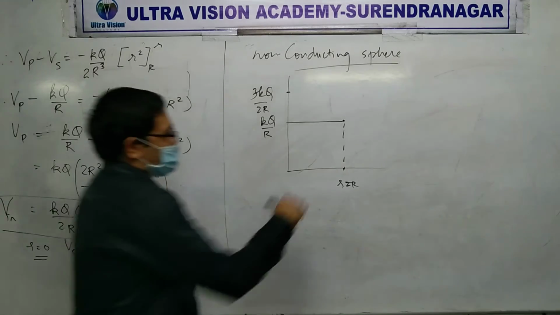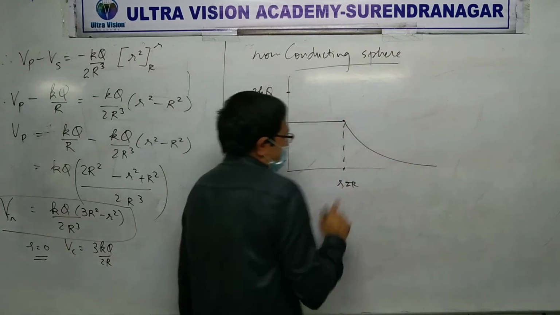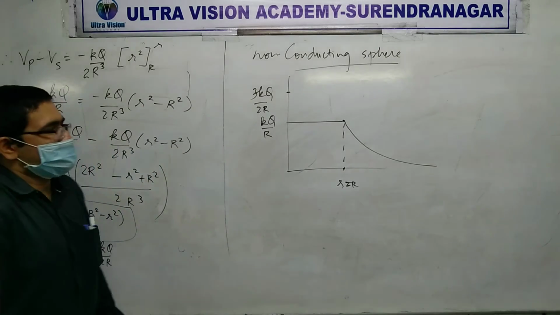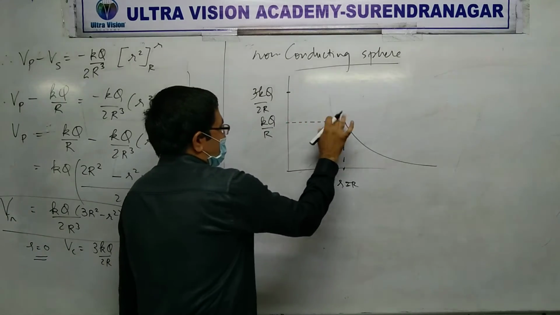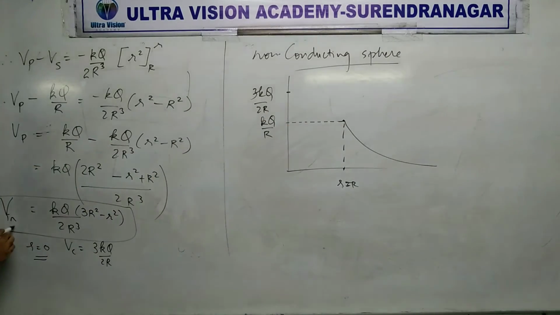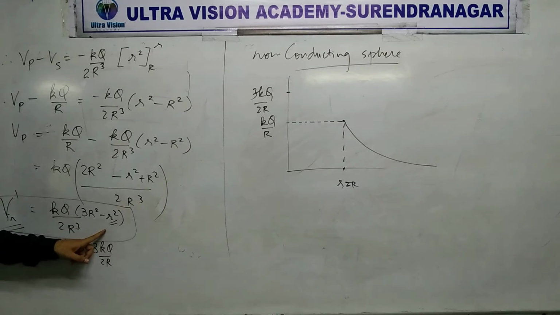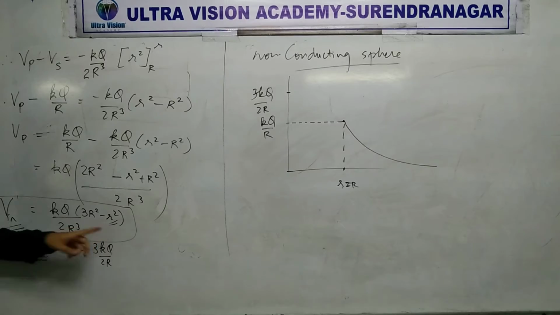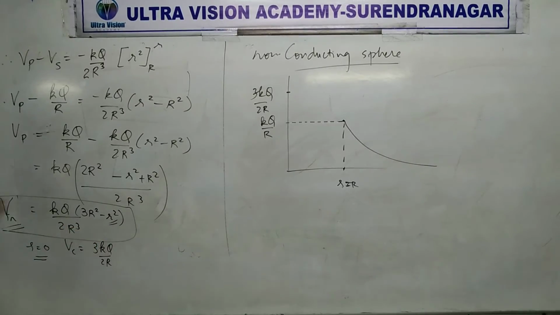Outside it is proportional to 1 by r, like this. Got it? But here, from here to here it will decrease. Because this is power 1 and this is power 2, it's a quadratic equation. Everyone sees that this is a quadratic equation, with one variable having one power and the other having two, in a parabolic shape.